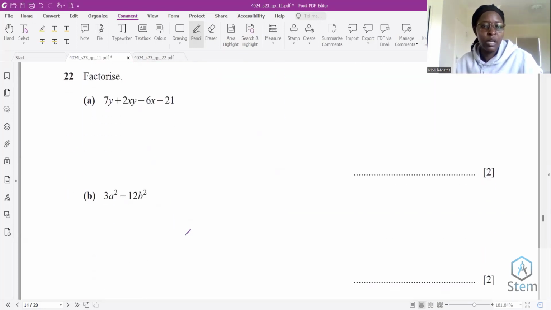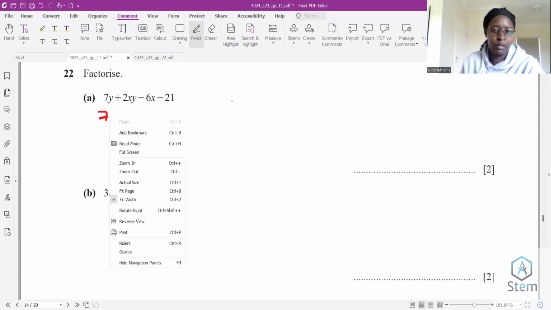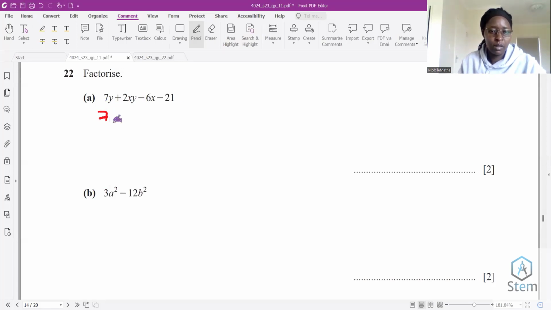Okay, let's move on. Factorize. Let's factorize this one. 6 into 21, it can go there. Fine. So I'm going to rearrange this first. I can have 7y minus 21, then plus 2xy minus 6x.